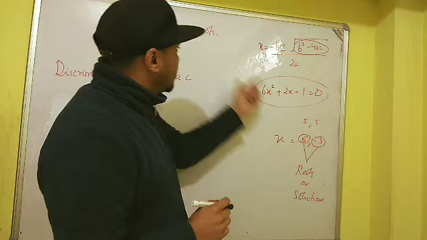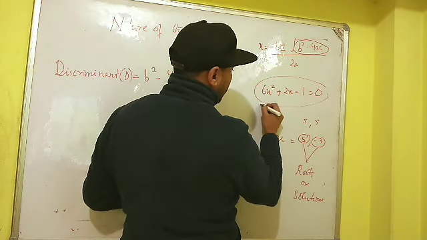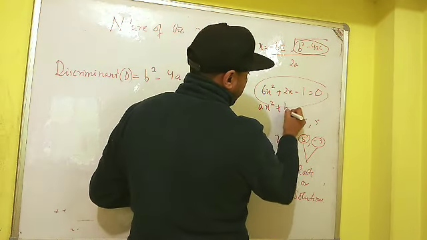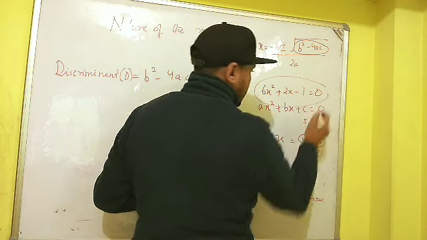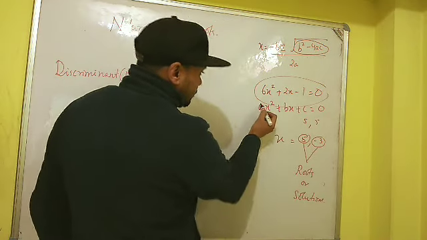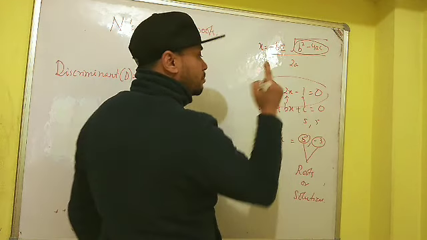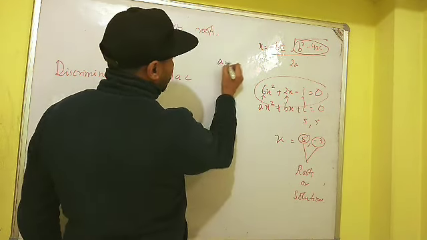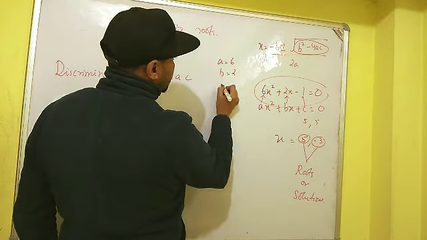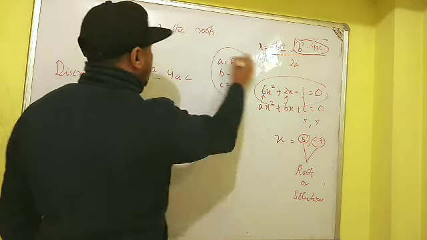We'll get the values of a, b, c by comparing any quadratic equation with the general form. So this is what we did in the first video. So here a is 6, b is 2, and c is minus 1.